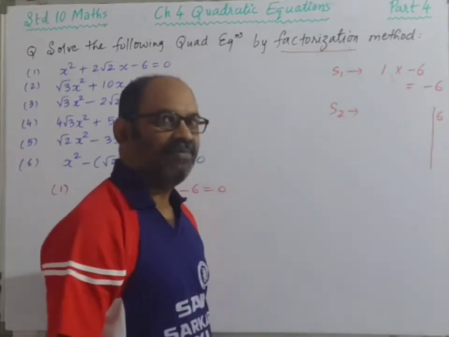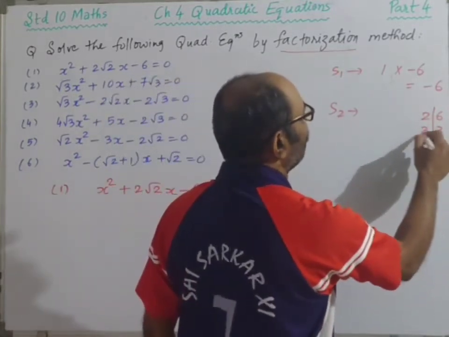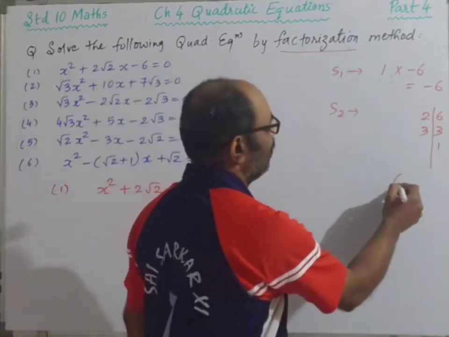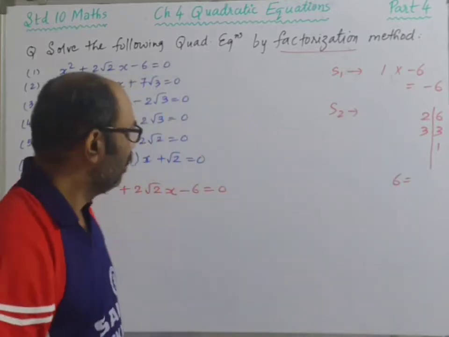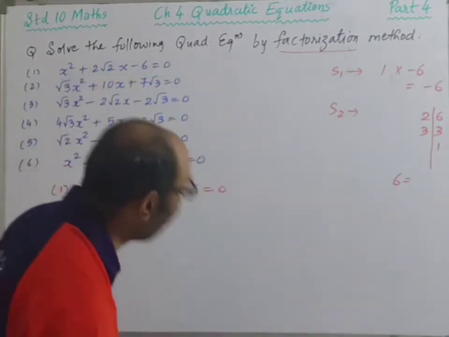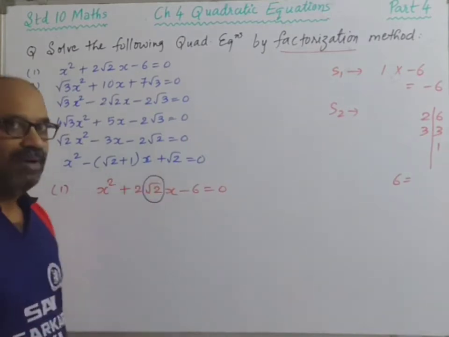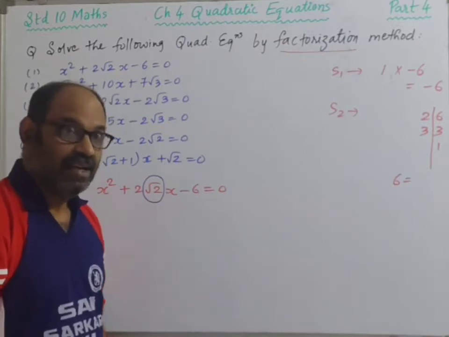Alright. First we shall find the prime factors. 2 3s are 6, 3 1s are 3. Very interesting children. This 6 is equal to 2 into 3. Correct? But observe here. We have root 2. One of the coefficients, the coefficient of x, is irrational.